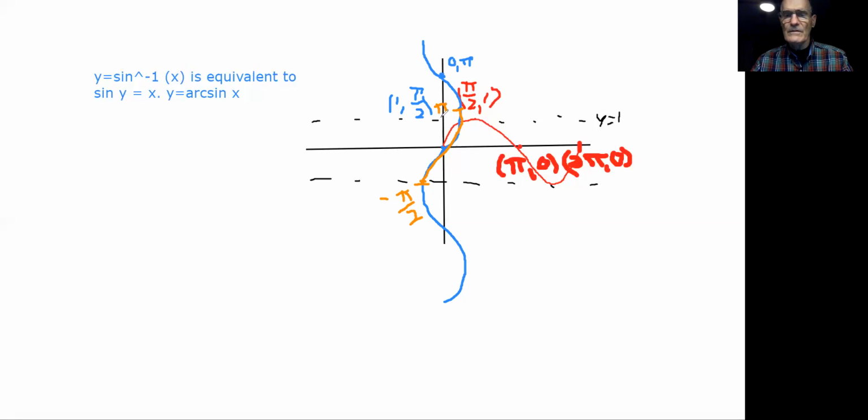If you do an inverse sine calculation on your calculator, you're always going to get an answer from minus pi over 2 to pi over 2, even though you might have a situation that looks like this. Let me undo that and draw this a little better. Even though you might have a situation where your angle is in the second quadrant up here.